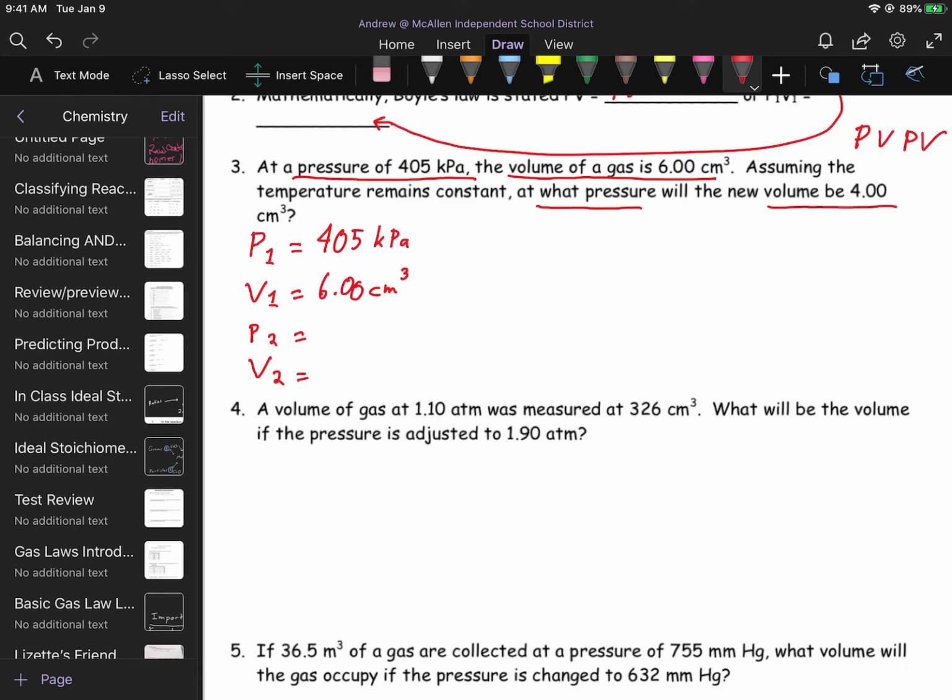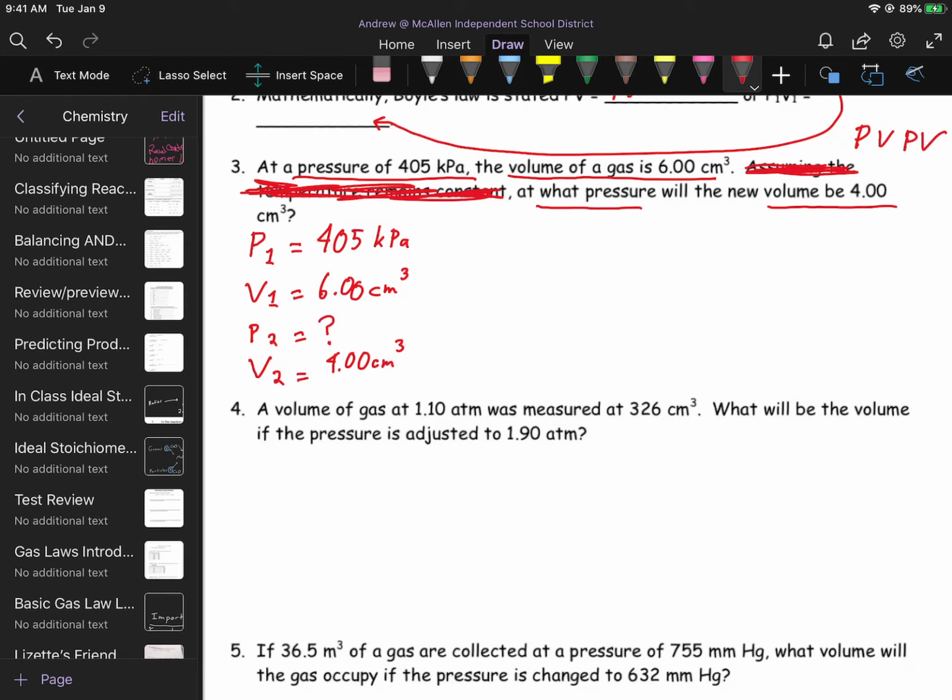Okay, now assuming the temperature remains constant, which means we can ignore that part. If it stays the same, it's boring and who cares. At what pressure? So it's saying what pressure? That's our question mark. That's the one we don't know. Will the new volume be 4.0 centimeters cubed?